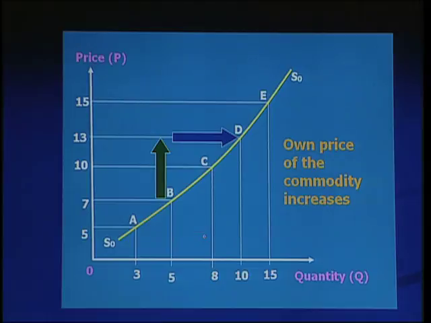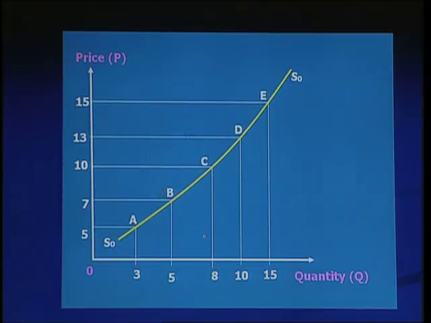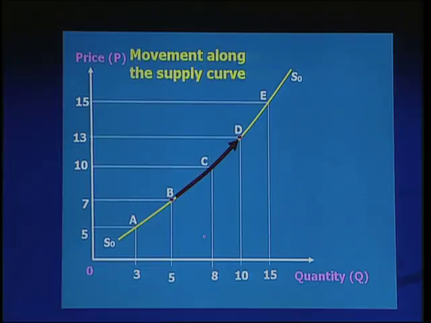In this case, we just remain on the same supply curve. We are moving from point B to point D on the same supply curve. This is called movement along the supply curve. So, we learned that if the price of the commodity increases, we just remain on the same supply curve. The supply curve is not shifting to the right or left.